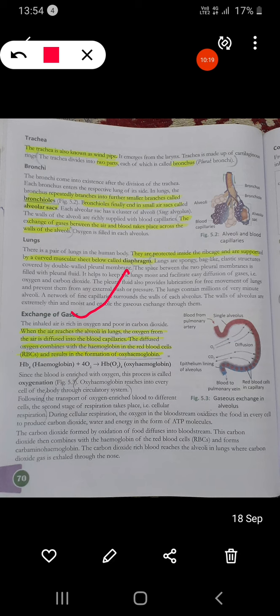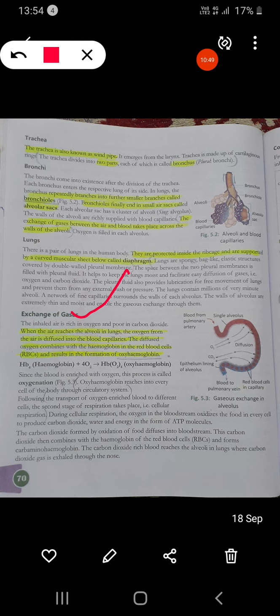Children, how does the exchange of gases take place? When the air reaches the alveoli in the lungs, the oxygen from the air is diffused into blood capillaries. The diffused oxygen combines with hemoglobin in RBC, red blood cell, and it forms oxyhemoglobin.